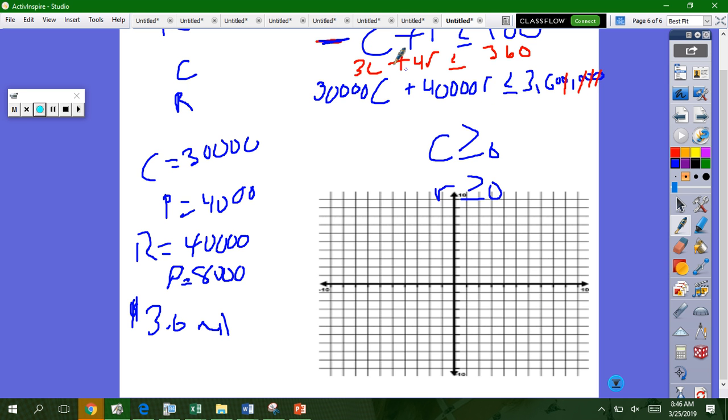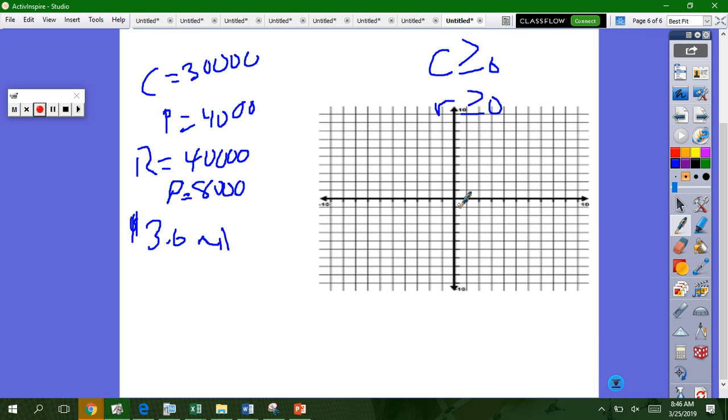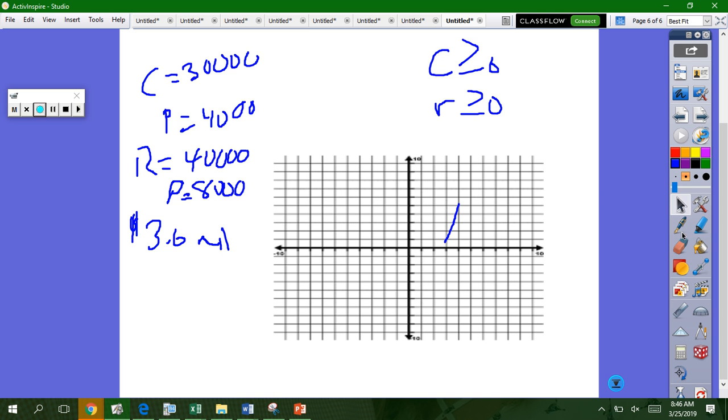Okay, so notice each of these guys have an intercept of 10. So that would be 0, 0, 10. There we go. Those are representing 100 each.